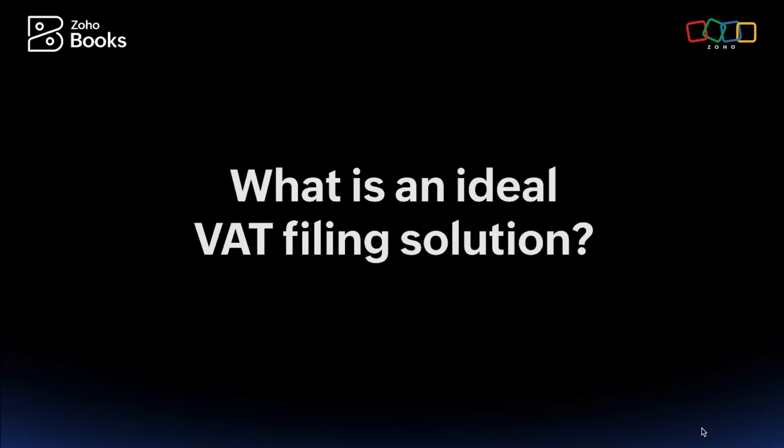So an ideal VAT filing solution must have some characteristics. It should hold a single source of truth. Whatever transactions you have entered must be readily available in exactly the same format in which you are expected to file the return. Ideally with one or two clicks, or very few clicks, you should be able to push the information instantly into the tax filing platform.